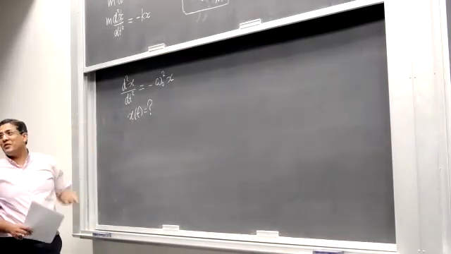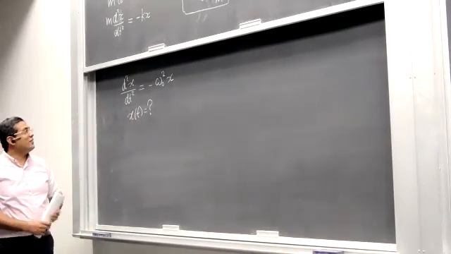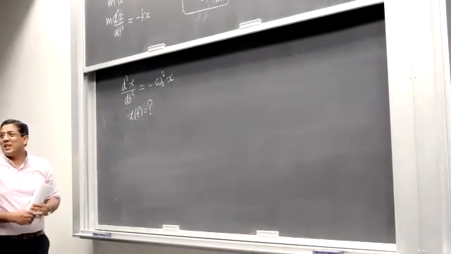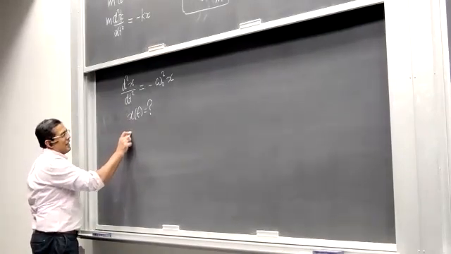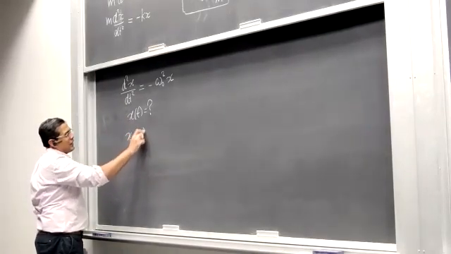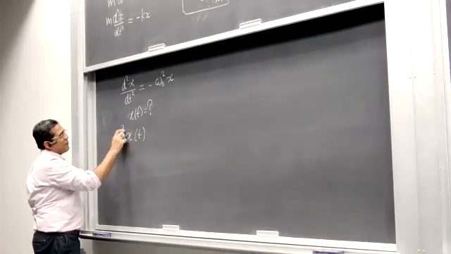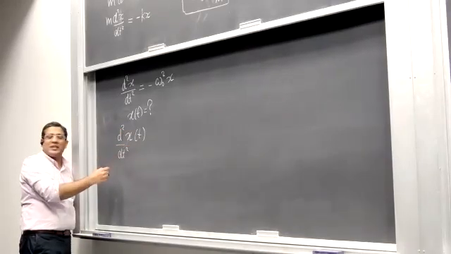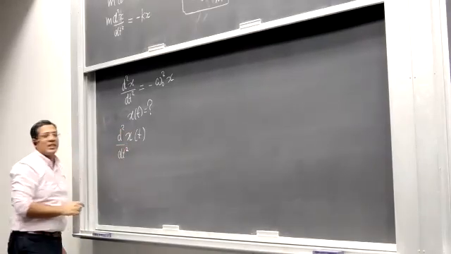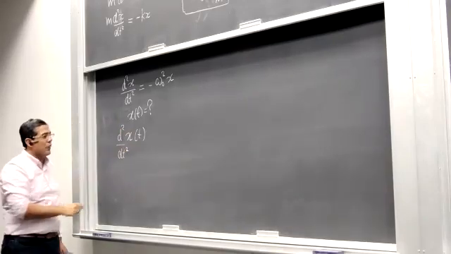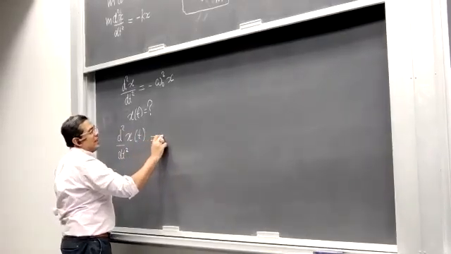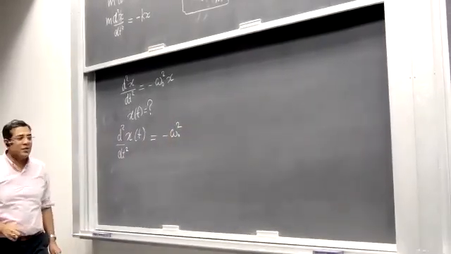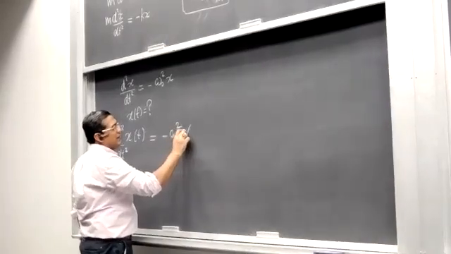If you look at this equation very carefully, what do you see? What can we say about x of t before knowing it? x of t is such a function that if you differentiate it with respect to time twice, with a constant multiplied, you get the function back.